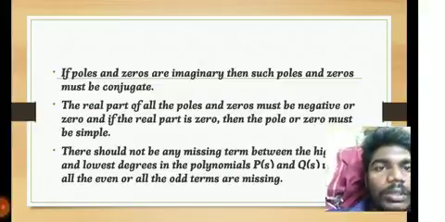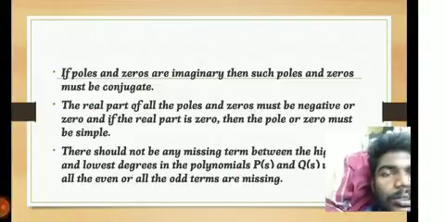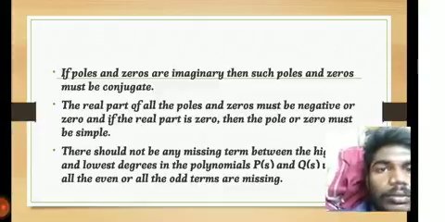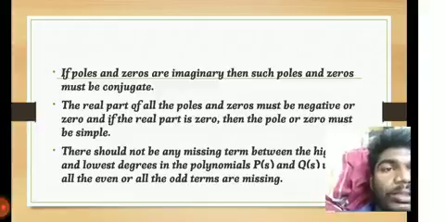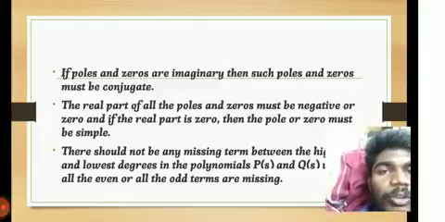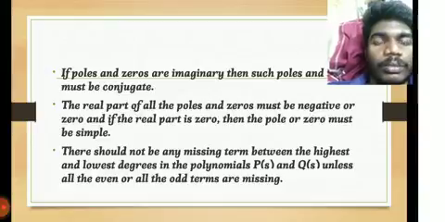If poles and zeros are imaginary, then such poles and zeros must be conjugated. The real part of all the poles and zeros must be negative or zero, and if the real part is zero, then the poles or zeros must be simple.